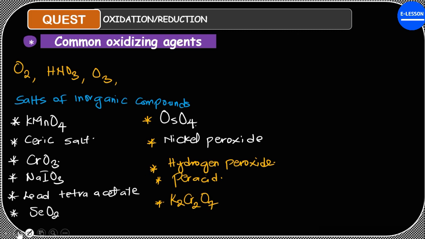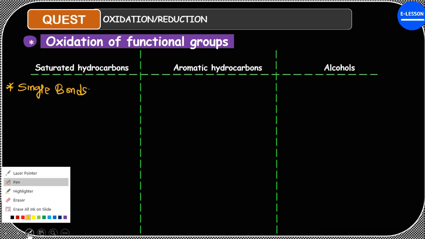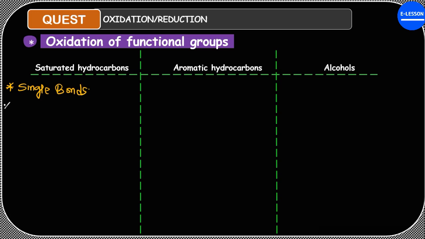Now let us look at oxidation of functional groups, some functional groups that can be oxidized. Now we talked about the saturated hydrocarbons. What are saturated hydrocarbons? Saturated hydrocarbons are compounds that have only single bonds. Examples of these compounds are alkanes.